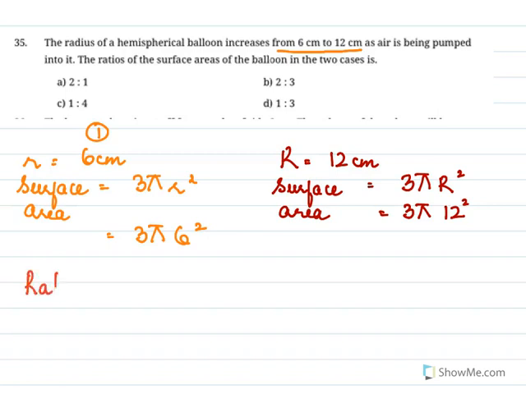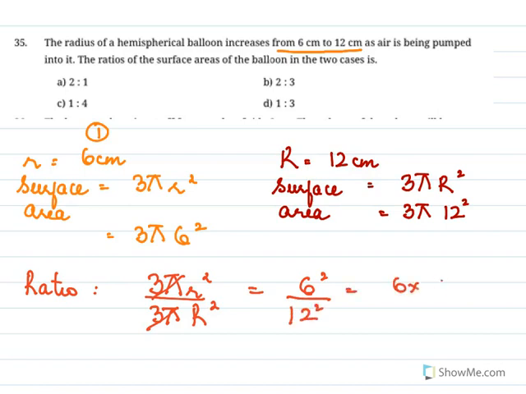So to find the ratio, we divide 3 pi r square over 3 pi r square here. 3 pi will cancel and we have 6 square over 12 square. 6 into 6 over 12 into 12, and the ratio is 1 over 4, that is 1:4. So the right option is 1:4.